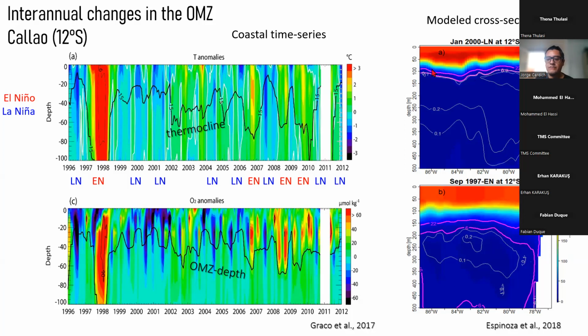So we can have a very shallow upper limit of the OMZ and a very extensive OMZ developing in the first 500 meters. But when El Niño happens, and this is the extreme El Niño of 1997, you can see how the upper limit deepens down to 200 meters, and the core is shrunk.